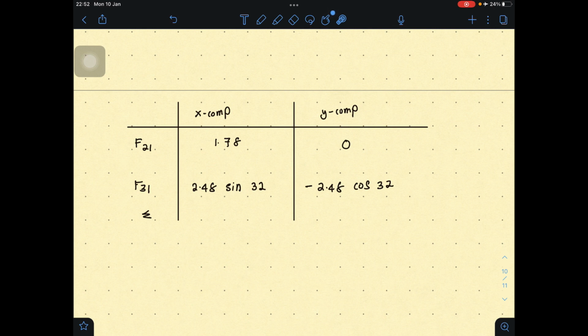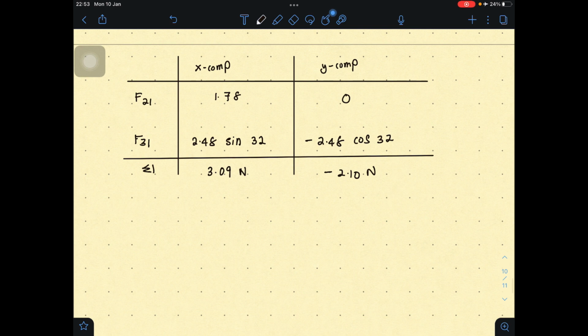It's the same method. So now, just tambah these two. Tekan calculator, you will get 3.09 Newton. This one negative 2.10 Newton. Okay, so this one kita sudah dapat the sum of F1, X component, Y component.